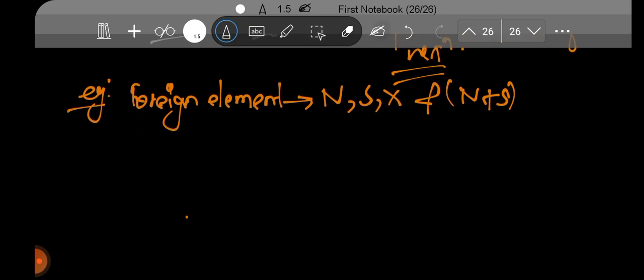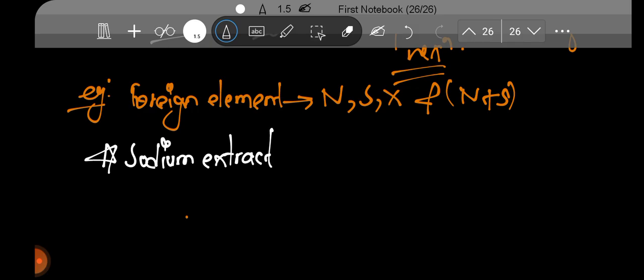For this process, we should make sodium extract. Let's see what you understand by sodium extract. Sodium extract is the solution containing sodium as well as organic compound. Sodium plus organic compound.